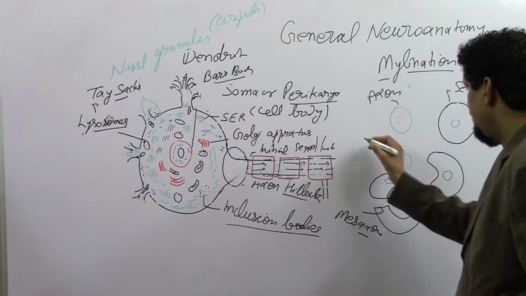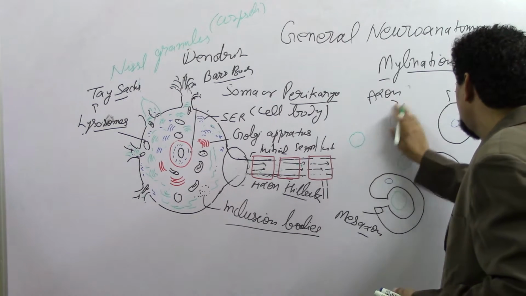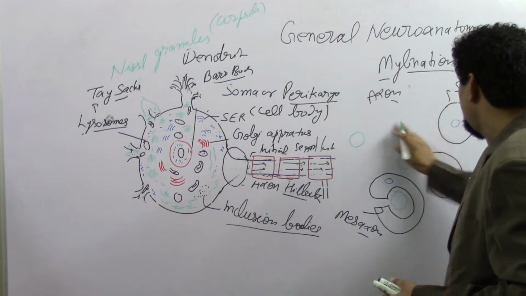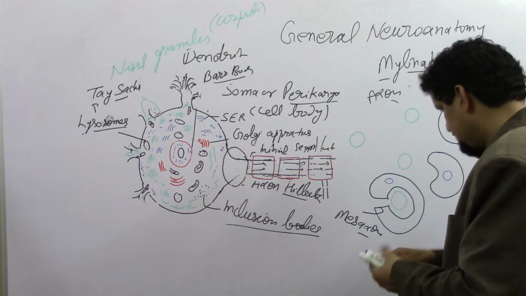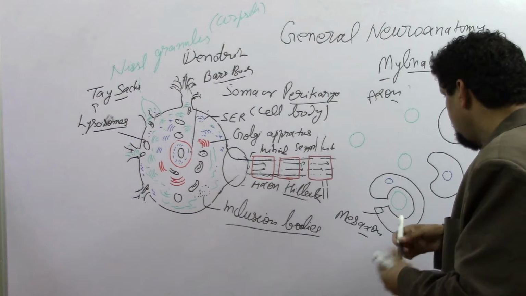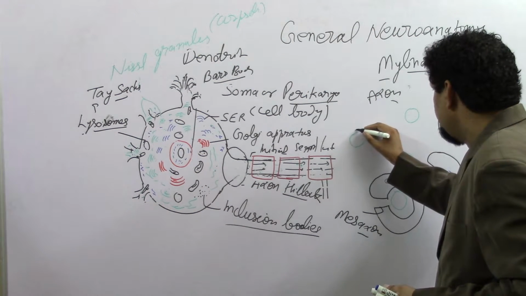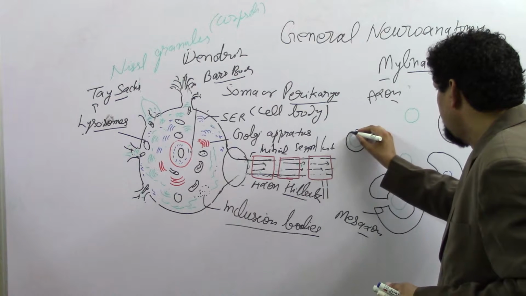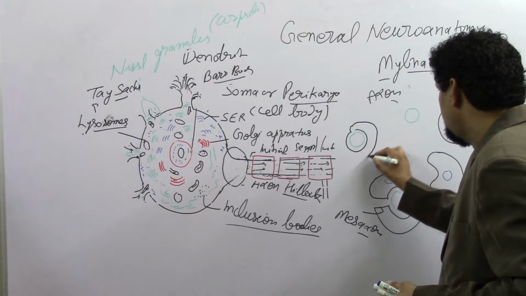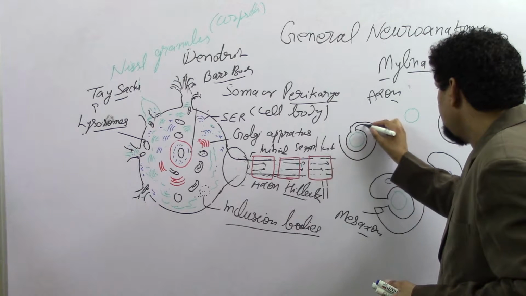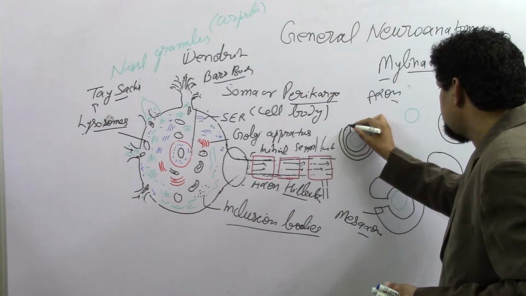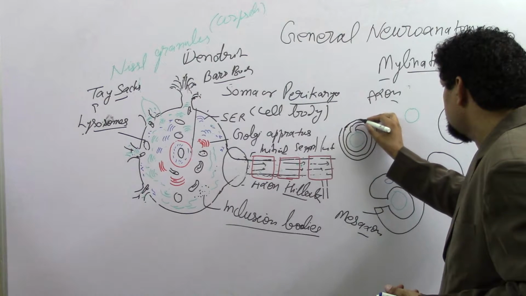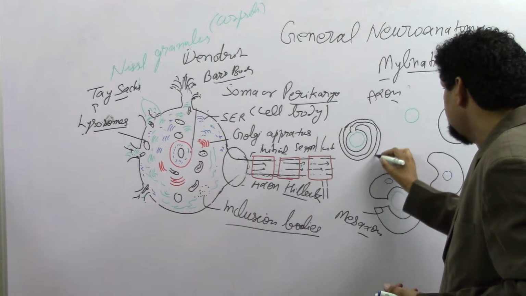We have seen the axon. Here is the axon, and here is the mesoaxon. It will encircle the axon.